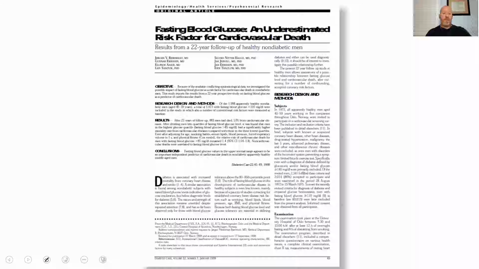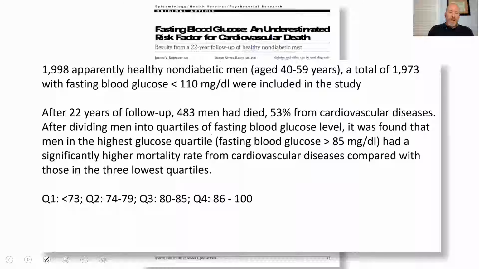The fasting blood glucose, an underestimated risk factor of cardiovascular death. That's not good. So this was a 22-year study of about 2,000 non-diabetic men. They all had a fasting glucose below 110. After 22 years, 483 men died, 53 from cardiovascular disease. They broke the fasting glucose into quartiles once again: people below 73, 74 to 79, 80 to 85, and then 86 up to 100.